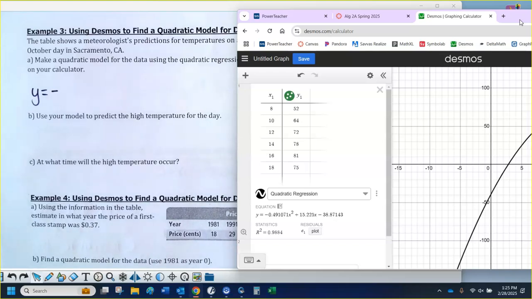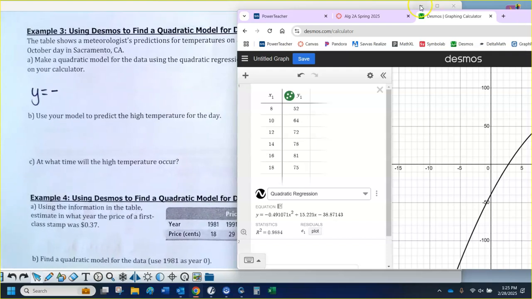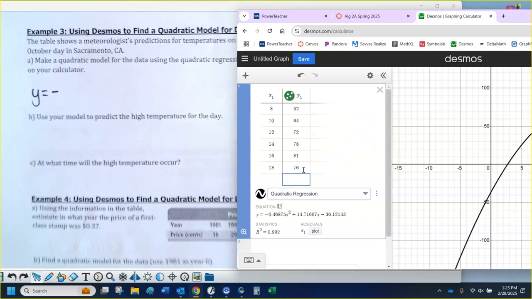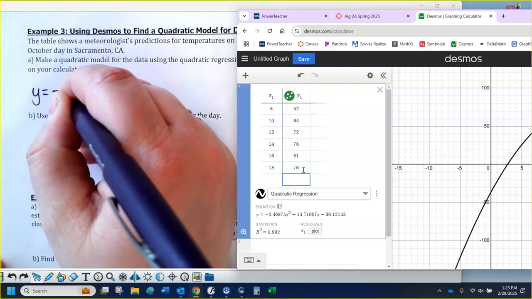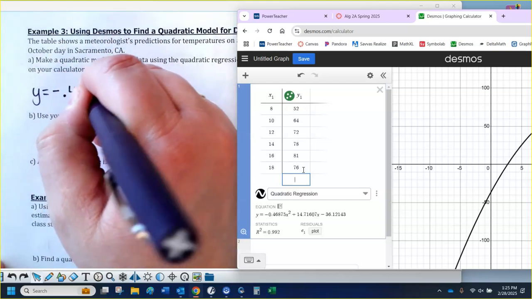And hang on a second, I feel like I got one of these. Don't write mine down. One of these numbers is a little bit off. Oops, I put a 75 here instead of 76. Okay, there we go. My fault. Now, this should be negative. I'm going to do 0.47 x squared.